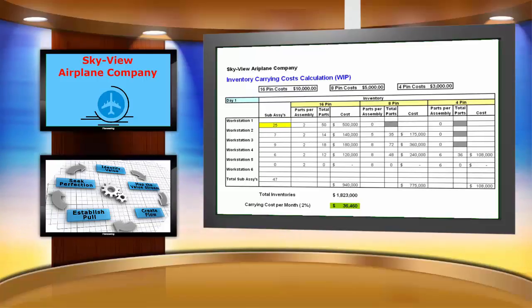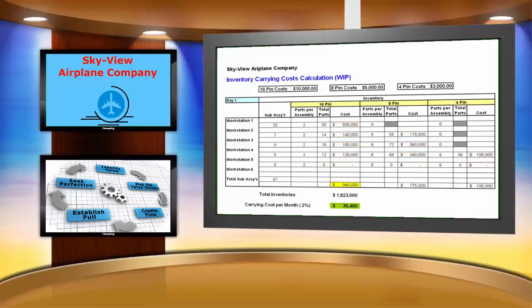The number of assemblies between Workstation 1 and 2 is 25. At 2 16-pin parts per assembly, the total number of parts is equal to 50. 50 16-pin parts cost $500,000. We calculate the rest of the assembly costs in the same way.